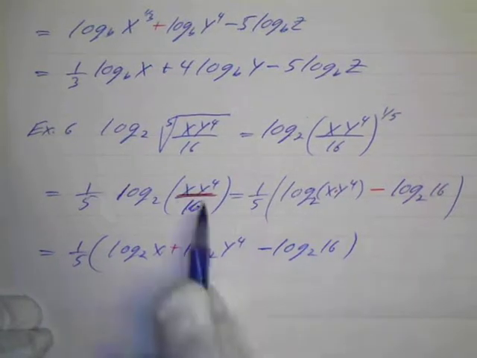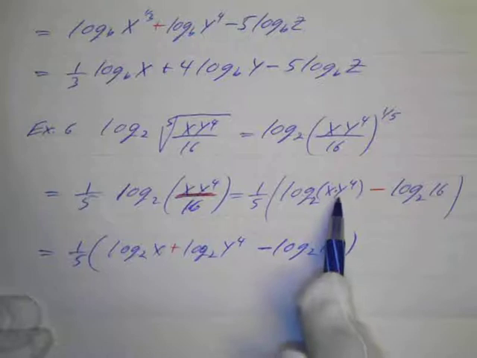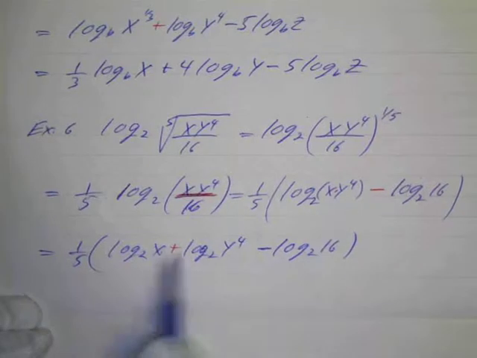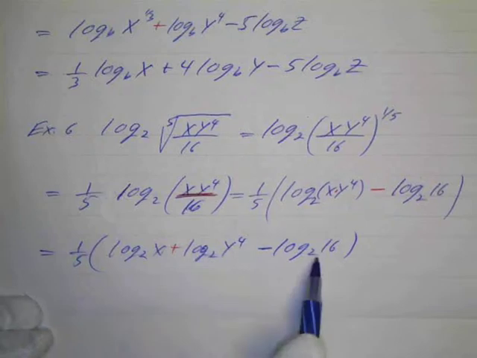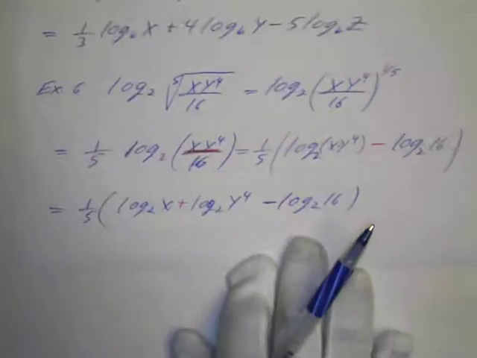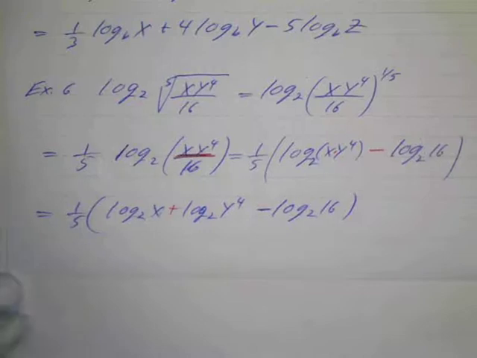Okay, so we change this to a product, and the log of a product is the sum of the logs. And you see we can move this exponent down here. We can also simplify this, so let's do that because I'm running out of paper here. Got one more line left here.